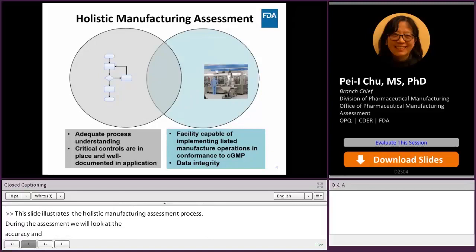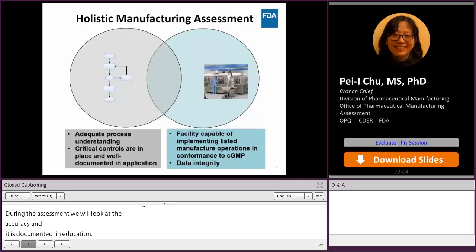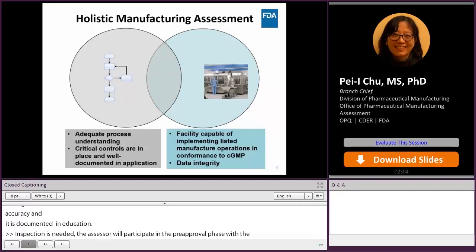And if it's determined that a pre-approval inspection is needed, then the assessor will participate in the pre-approval inspection with an ORA officer to determine whether the facility is capable of implementing the listed manufacturing operations in conformance to CGMP, and also to see if there's any data integrity concern for this application.